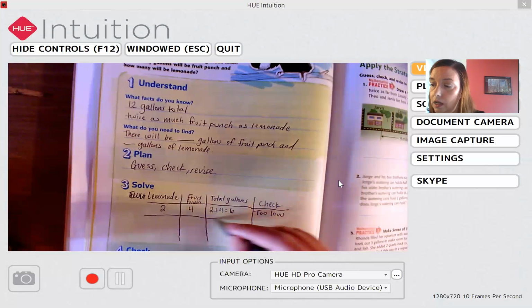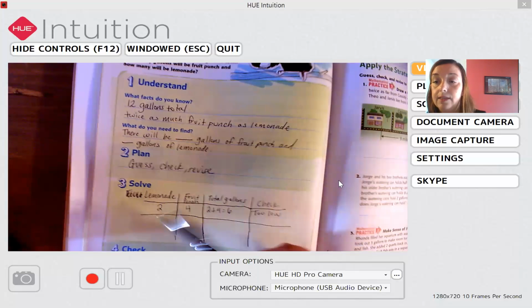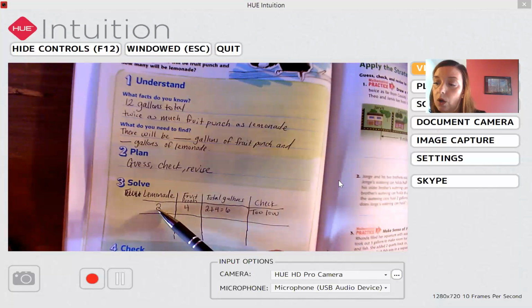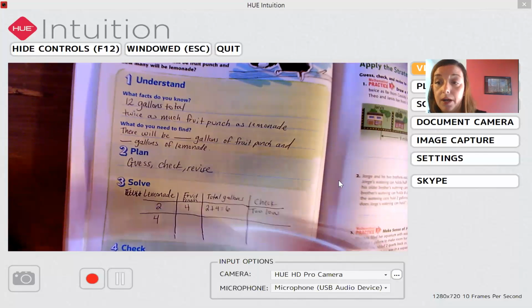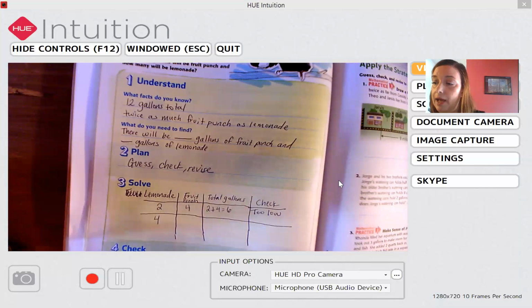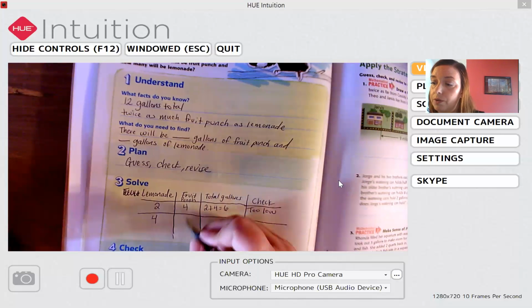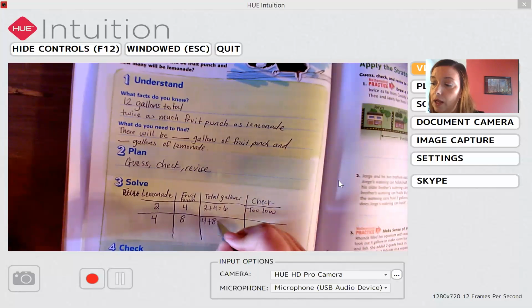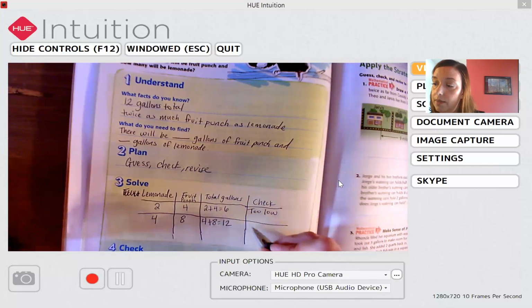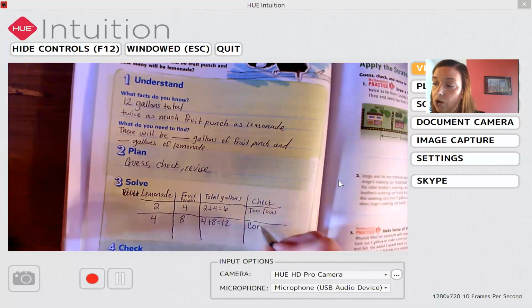All right, so if that's too low, then I need this to be higher, right? So let me try 4. So if I have 4 gallons of lemonade, if I double that, the fruit punch would be 8, right? So 4 plus 8 equals 12. So that is, ding, ding, ding, correct.